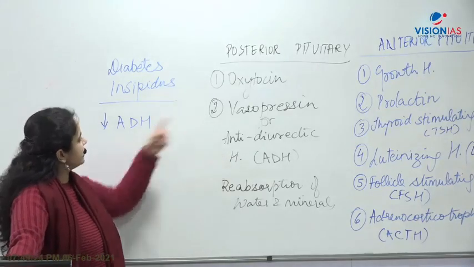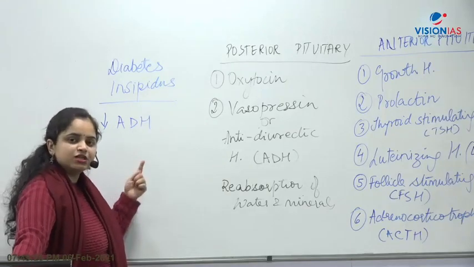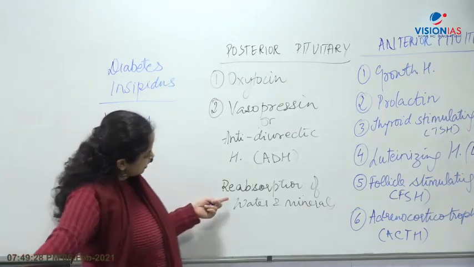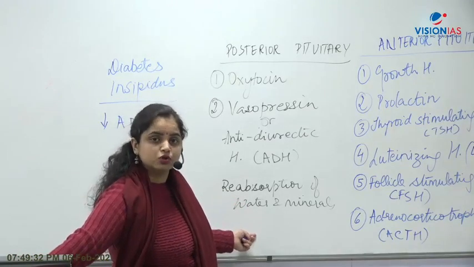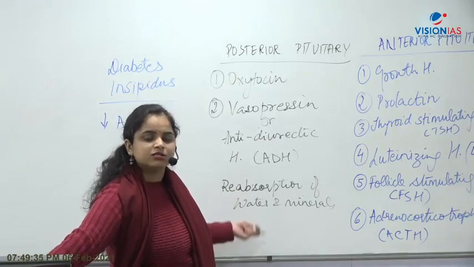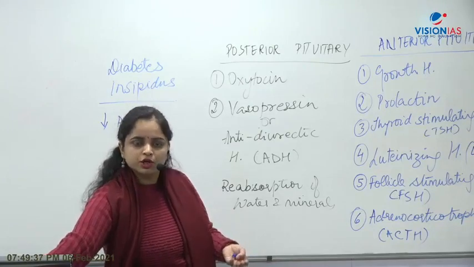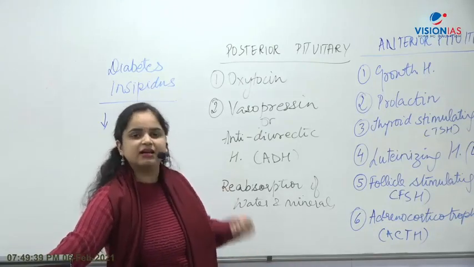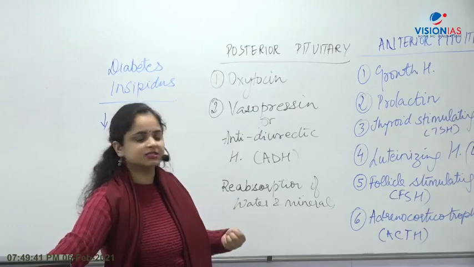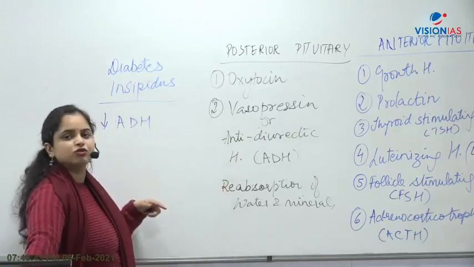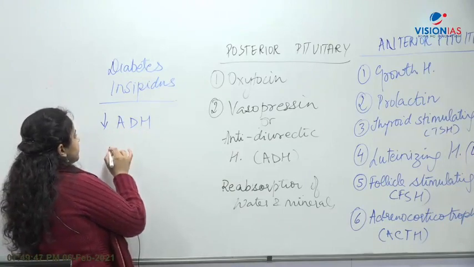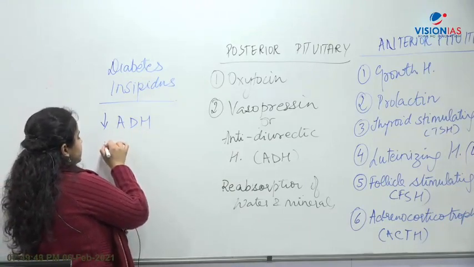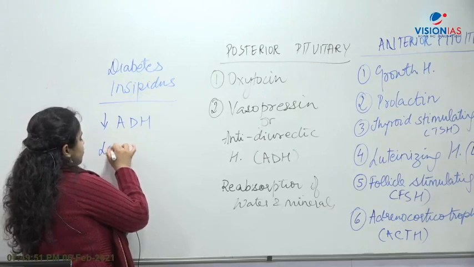When this ADH is lesser, just imagine what could happen. There would be less reabsorption. If less water is reabsorbed, that means more water is being lost. The kidney is keeping less in itself, so loss of water is more.